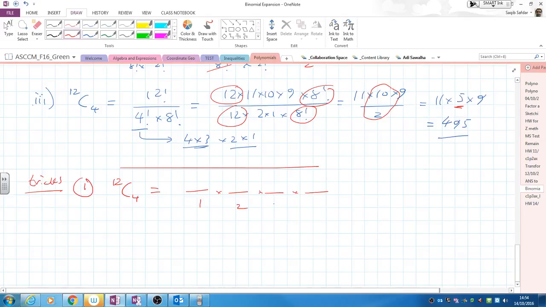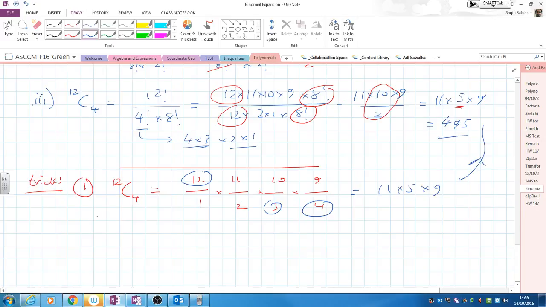So this goes from 1 to 4, and then this just goes down 12, 11, 10, 9. And then from here I can just simplify down whatever I can. So 10 over 2, or 12, 4 times 3 is 12. So let's cancel those off. 10 divided by 2 is 5, so I end up with 11 times 5 times 9, which is exactly what I've got there.